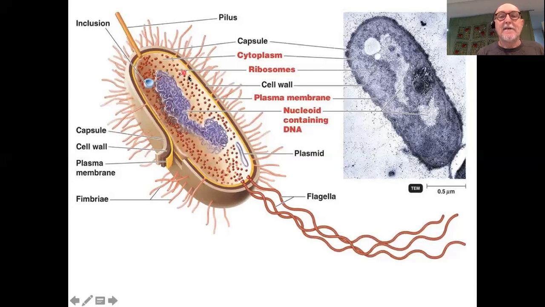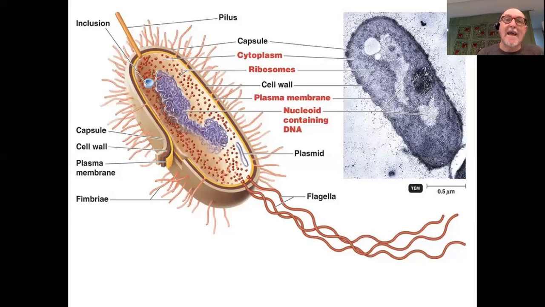All of these that look like hairs are called fimbriae. They are proteinaceous, and they often are used also for attachment. And there are various functions for them, but their principal function is for attachment.